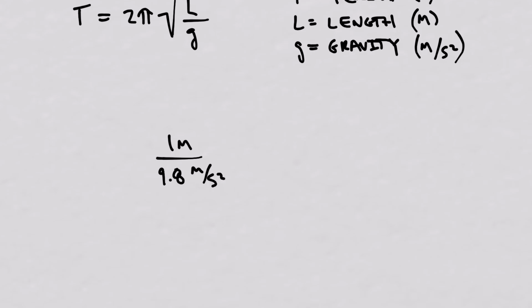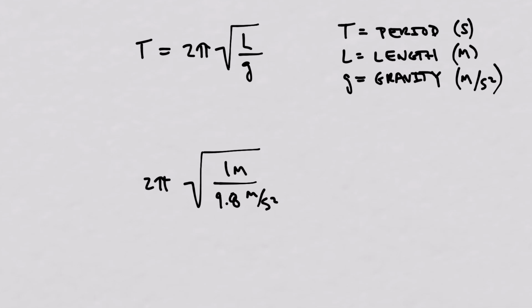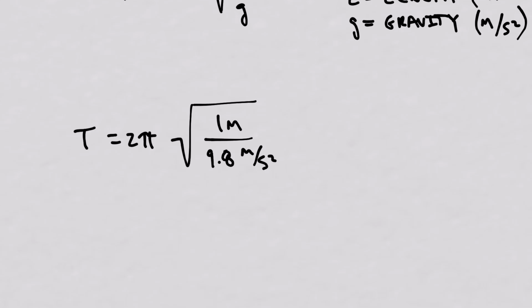So if our string is 1 meter long and the acceleration due to gravity is 9.8, we take the square root of that, and multiply it all by 2 pi. That will give us the time for the string. So let's just look at the units here for a second. Notice that we have meters up here in the numerator, and in the denominator we have meters per second squared.